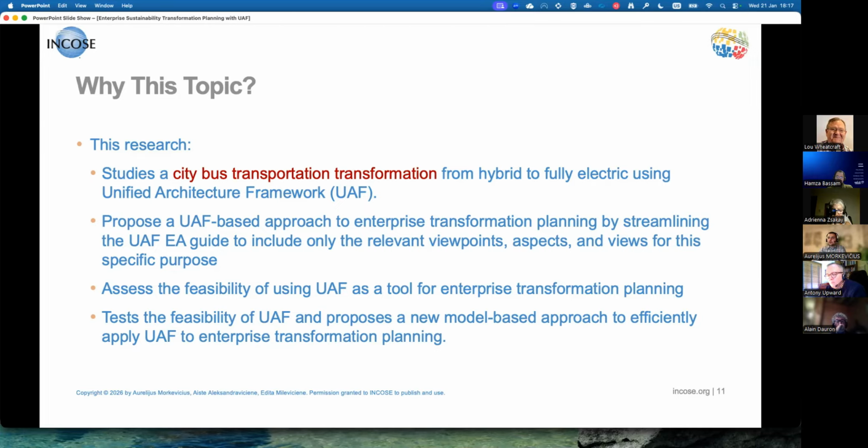Because we wanted to propose an approach based on an international standard like Unified Architecture Framework of applying a model-based approach, and we wanted to provide some kind of guideline for taking the standard and applying it for this specific purpose. And as we see, the standard is huge, it's complex, and we wanted to show some kind of lighter application for the specific use case. And in this case, the enterprise transformation, sustainability transformation planning.